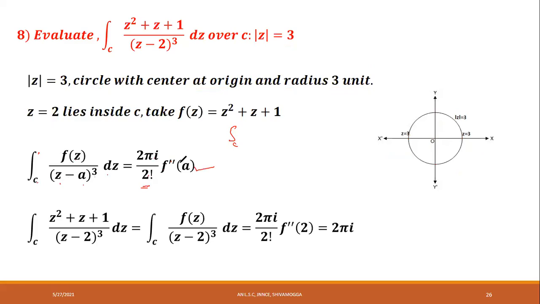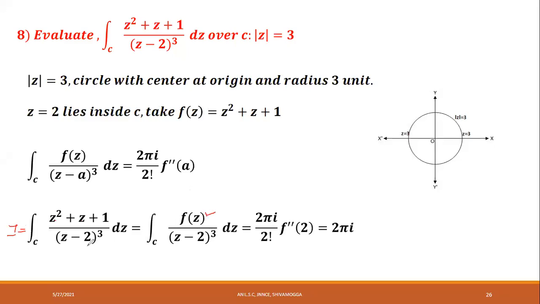Consequence of Cauchy's integral formula. Integral over c f of z divided by z minus a whole cube dz is equal to 2 pi I divided by 2 factorial.